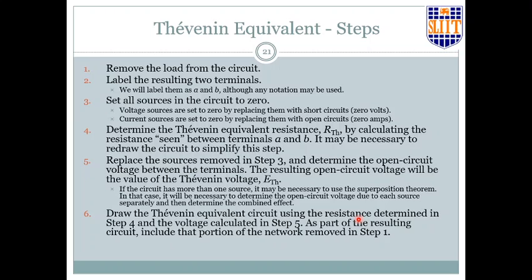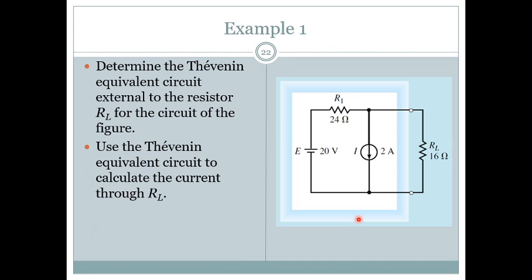And in this case you may have to use superposition theorem if you have more than one source in the circuit, right? So once you do that, you can replace the entire rest of the circuit, the full circuit other than the load resistor, with the Thevenin's equivalent.